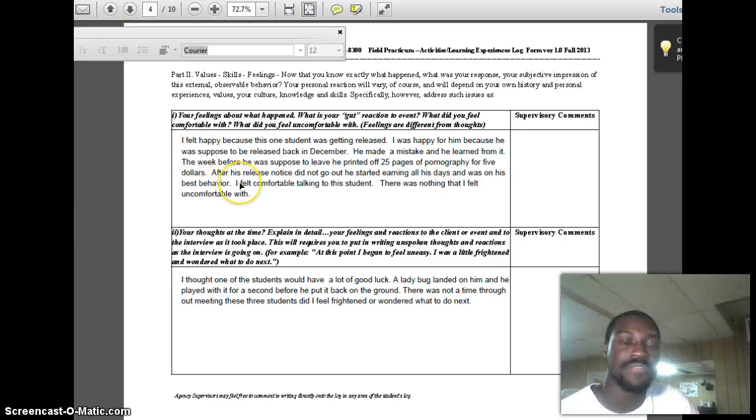Feelings are what you felt during the experience. For this one, I said I felt happy because one of the students was getting released. I was excited for that student because he actually did what he needed to do and got out of there. Yeah, he printed off 25 pictures of porn.